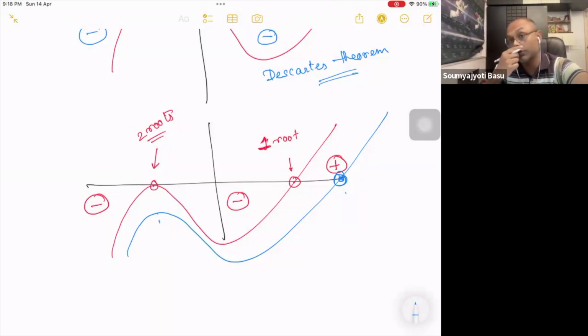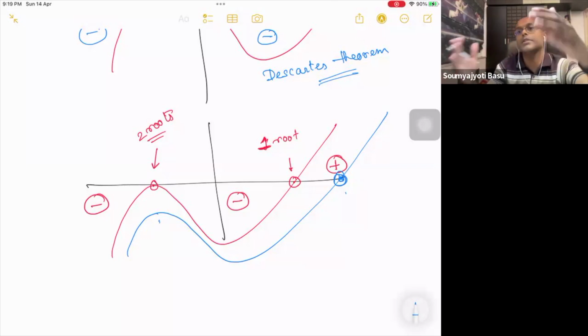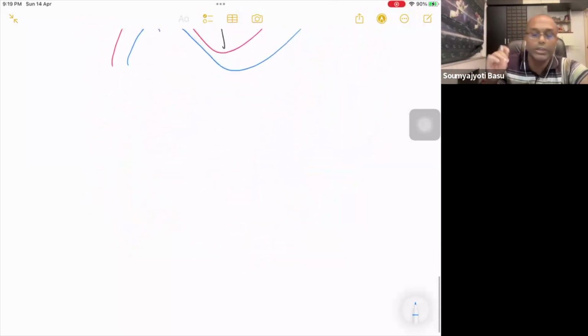We are not going into that because that's not required in this class. So whatever I have discussed so far are all based on the roots of polynomial equations and their representation on the graph. Let me continue a little bit more just through equation, okay?